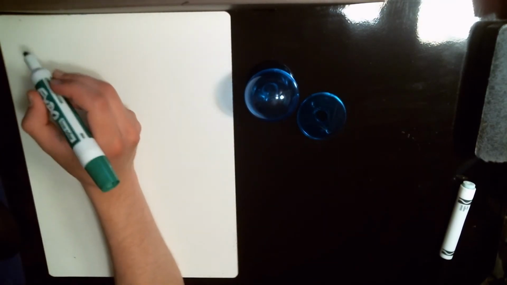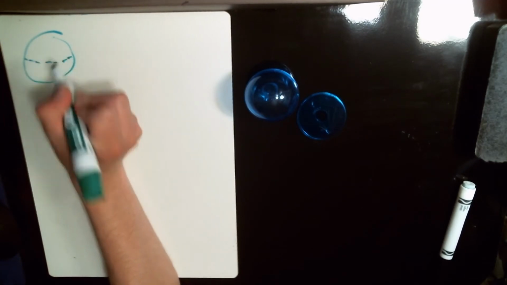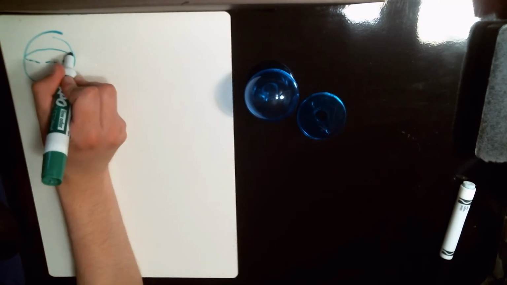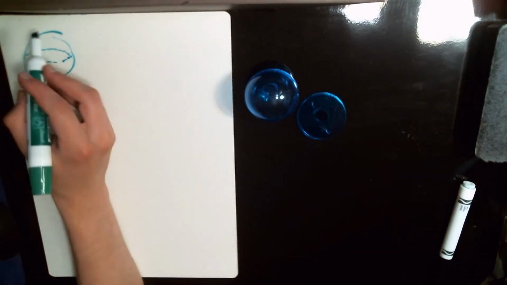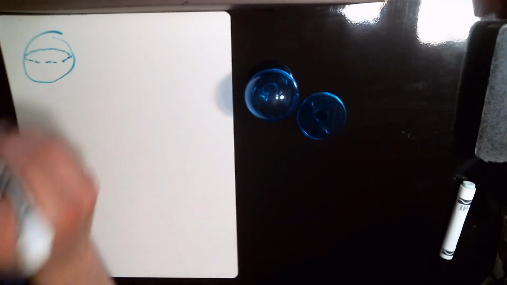So what have we got here? Our sphere is like that, right? In the middle it has a center. The center of the sphere is a circle, right? If you just cut it through the middle.